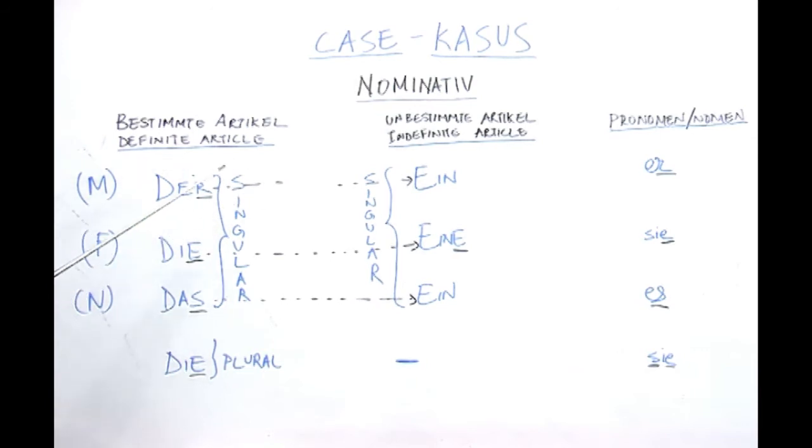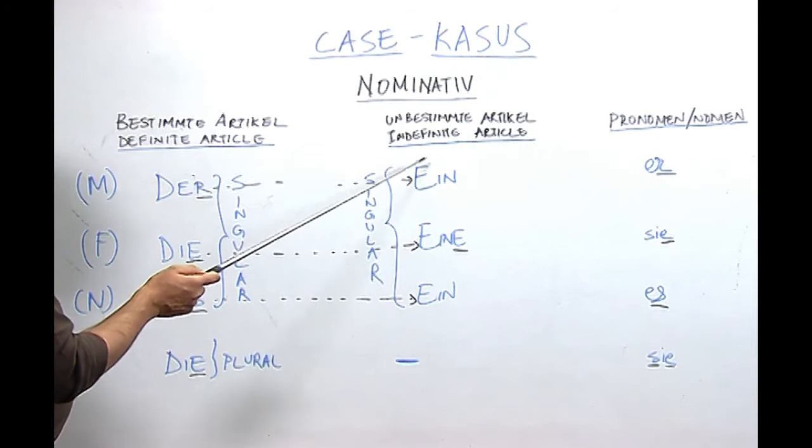And as I told you earlier, there are four kinds of definite articles in German, out of which der, die and das are singular, where der is the masculine article, die is the feminine article, and das is the neutral article, and to denote the plural of the singular nouns, the article die is used.